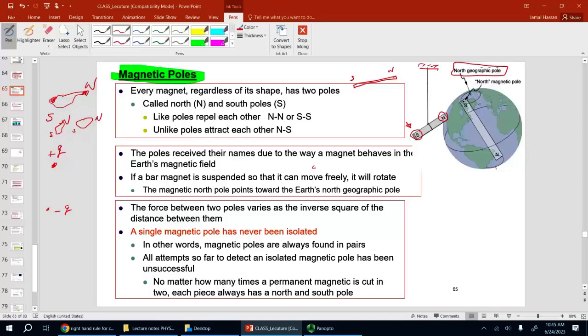And just for the info, our planet, so here we call it north geographical pole, but actually it's a south magnetic pole. So this is wrong, actually. It's a south magnetic pole, and here we call this side south geographical pole. In geography, we say north and south. So this is north, this is south.